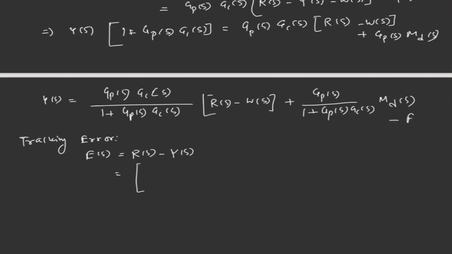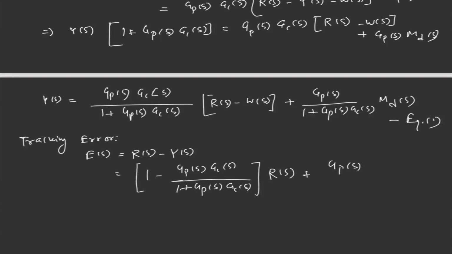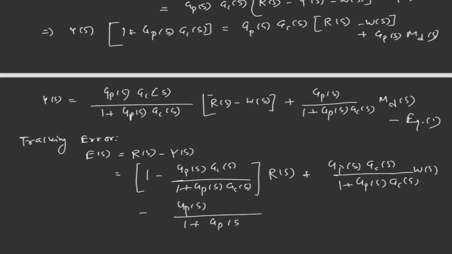Let me denote this as equation number 1. If you substitute equation number 1 in this expression, we have 1 minus GP of S GC of S over 1 plus GP of S GC of S into R of S, plus GP of S GC of S over 1 plus GP of S GC of S into WS, and minus GP of S over 1 plus GP of S GC of S into MDS.